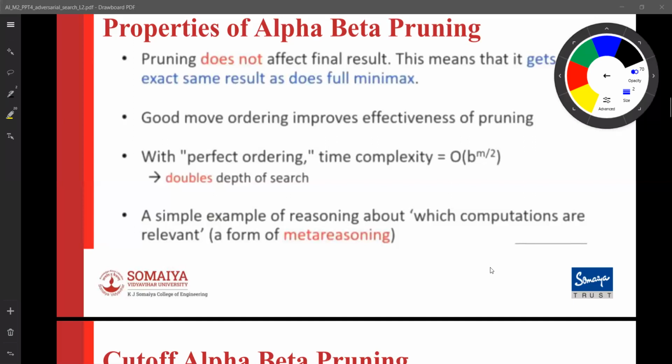Now with that hint, can you think of a good node ordering mechanism? Yes, we can. We can use iterative deepening, which does its search to the first depth, goes back, searches to the second depth, goes back, searches to the third depth, and so on.